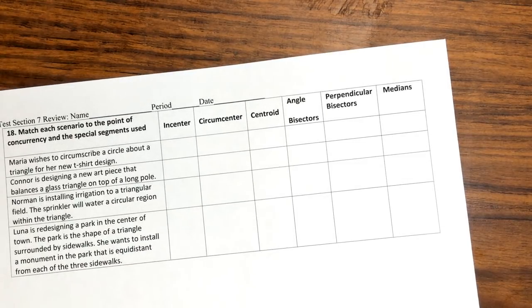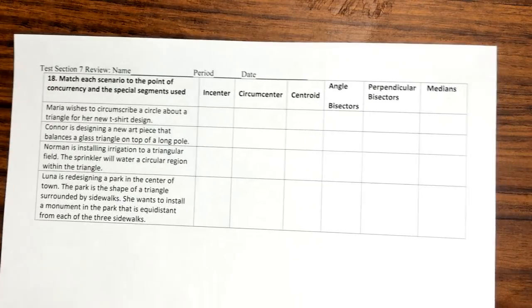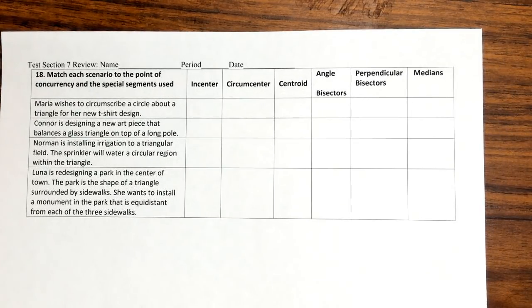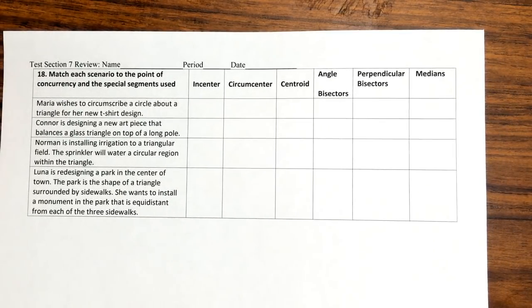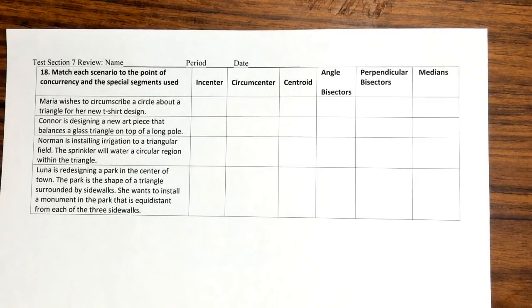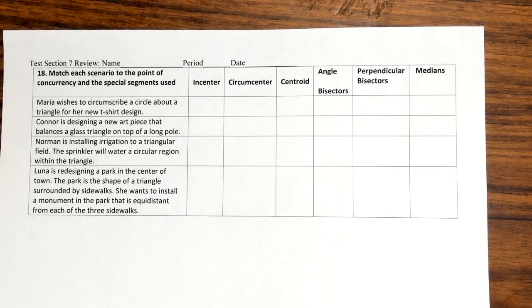Last one. Last problem. This is where we bring in our definitions from topic 7 and 8 for incenter, circumcenter, and centroid. And they also want you to check what creates that center.